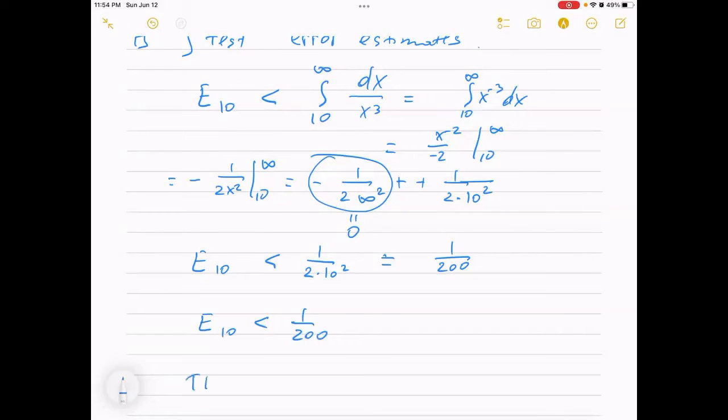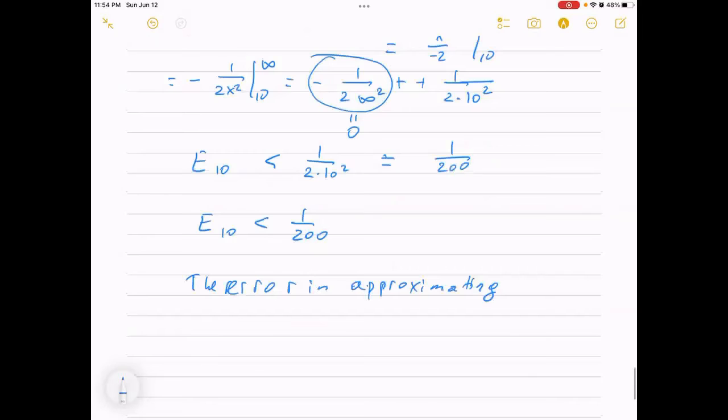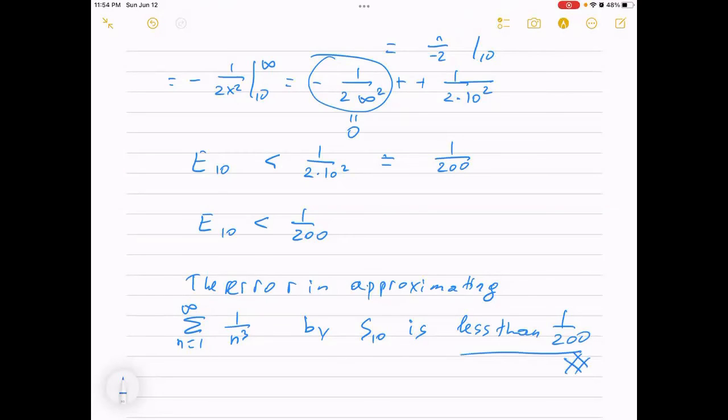So the error in approximating the sum of 1 over n cubed, n from 1 to infinity, by S10 is less than 1 over 200. So that is for this problem. So it's going to be less than 1 over 200.